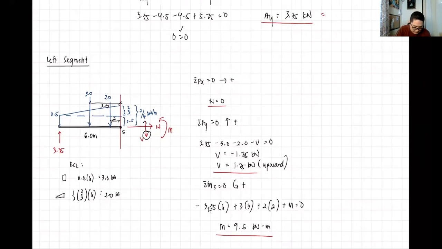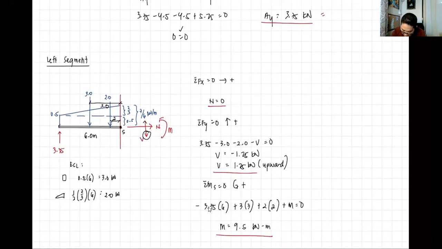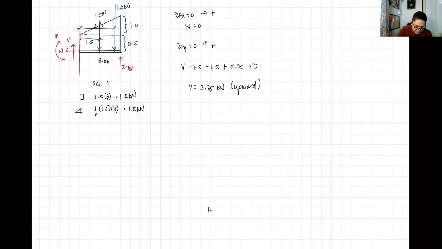So we have 2/3 of 6 times 0.5. So 0.5 times 6 is 3. So that's correct. Our shear is 3.75 minus 3 minus 2, so our V is correct. Then let's check here: 0.5 times 3 is 1.5.